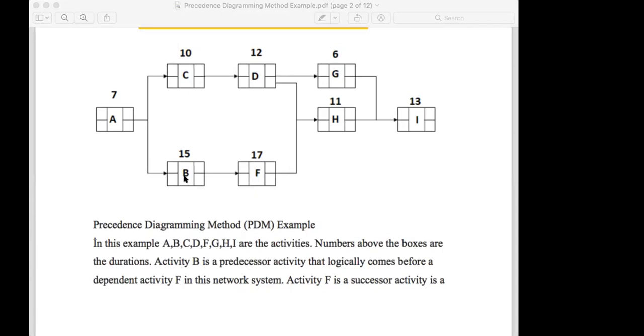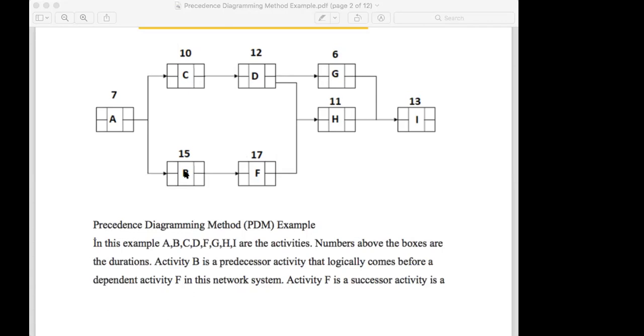Activity B is the predecessor activity that logically comes before a dependent activity F in this network.